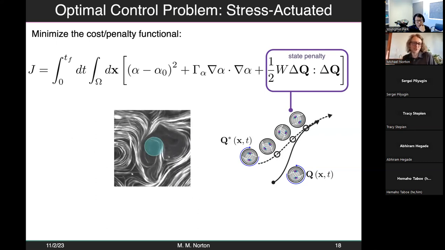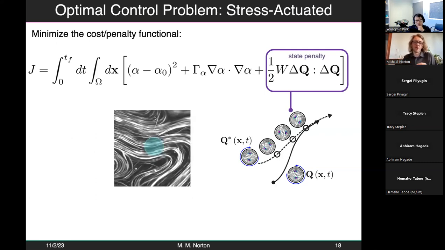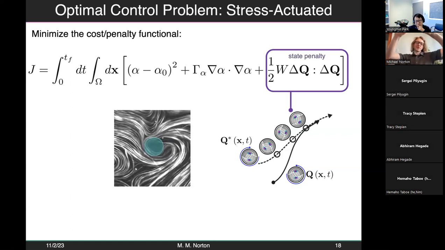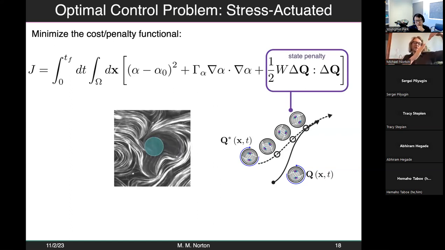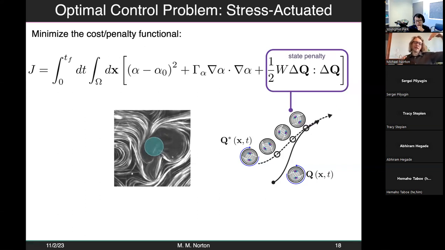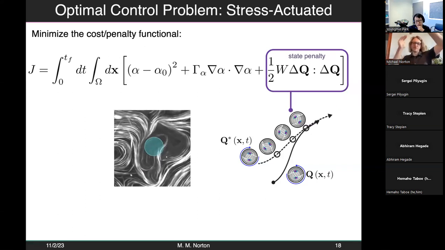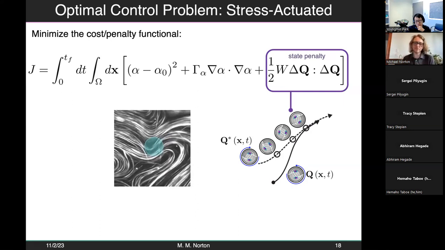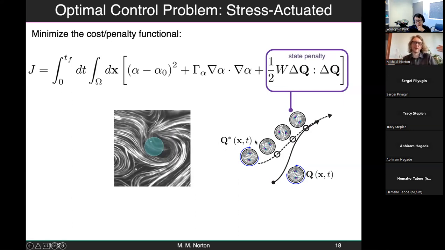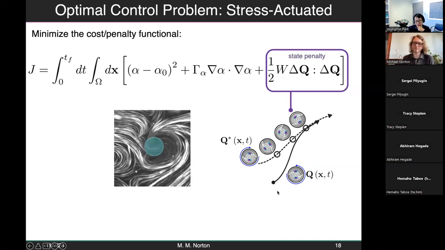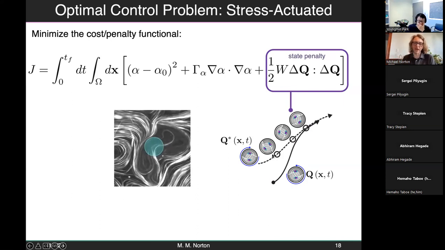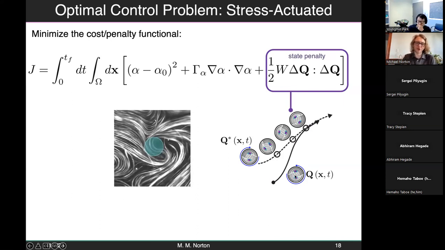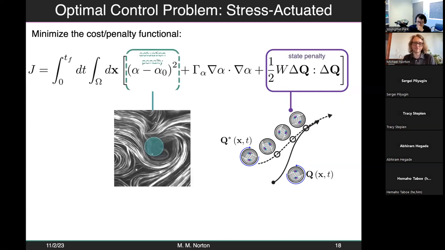I pose this as what's called a tracking problem, where I have a reference solution that varies in time, and I'm always trying to match my current state to that solution at all times. In other words, my Q star is changing in time. So I make some norm quantifying the error between where I'm at currently and where I'd like to be.